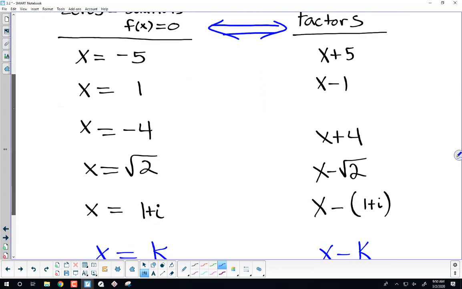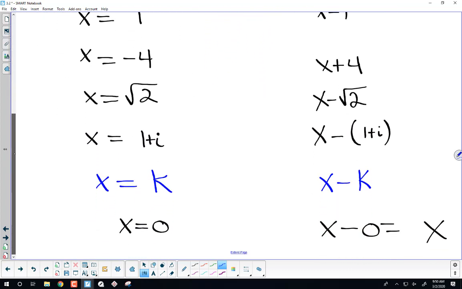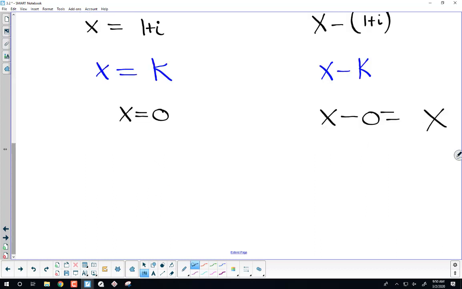We made mention of that on the second page, but here it is again, and we'll see the theorem in the next section, but we might as well mention it right now. If x equals some number k is a 0, or an x-intercept, or a solution, then x minus k is its corresponding factor. So right off the bat, this thing right here is called the factor theorem.